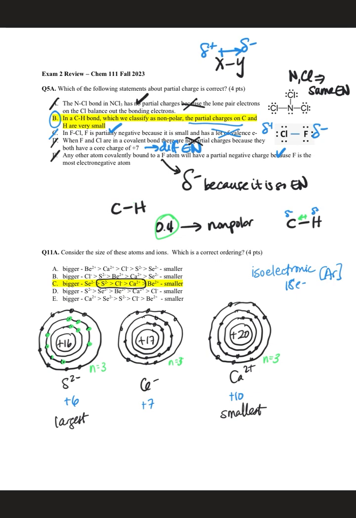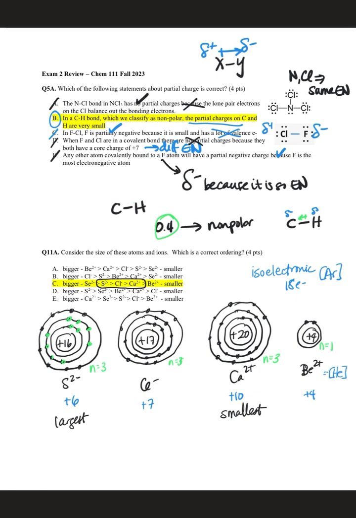Now, we have to convince ourselves that the rest of the order is right, that selenide and beryllium 2+ would be on the other side of these examples. So beryllium 2+ is going to look like this. It's got 4 protons. It has lost its 2 original valence electrons, and now it's got 2 electrons. It is isoelectronic with helium.